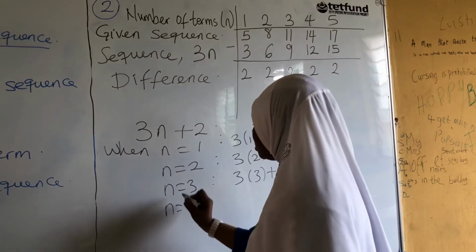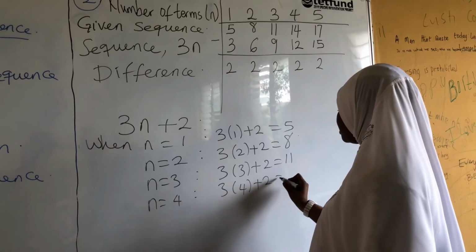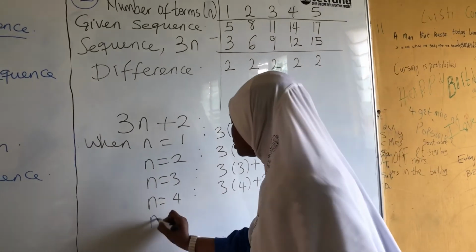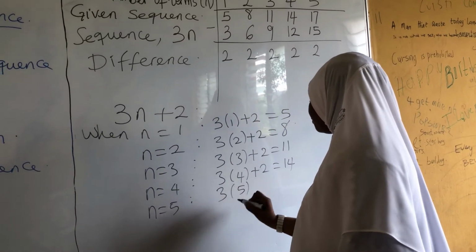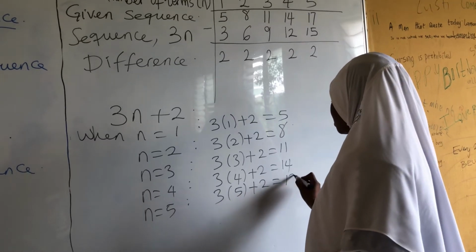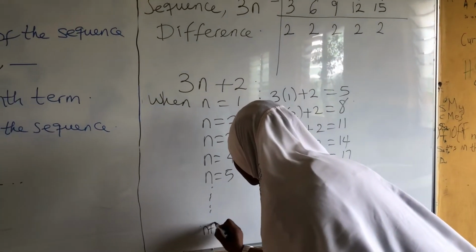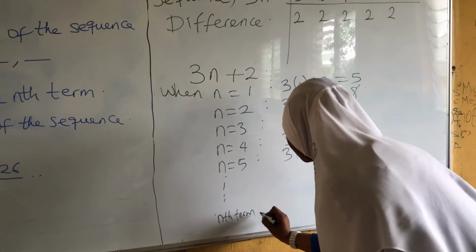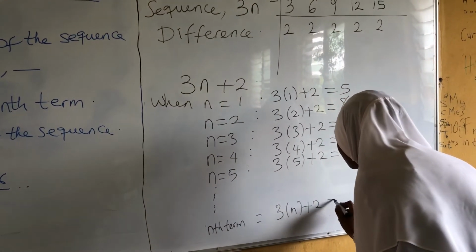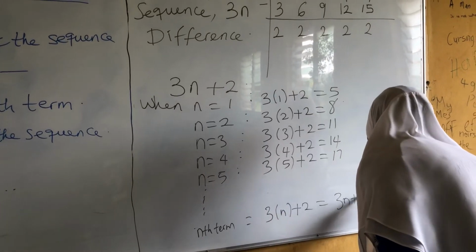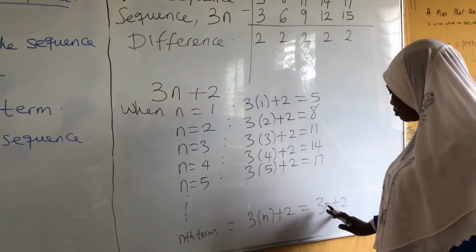When n is equal to 4, 3 multiplied by 4, plus 2 gives 14. When n is equal to 5, 3 multiplied by 5, 15, plus 2 is equal to 17, and so on like that. So we find the nth term. The nth term will be equal to 3 multiplied by n plus 2, which is 3n plus 2. So for this particular example, the formula to find the next term is 3n plus 2.